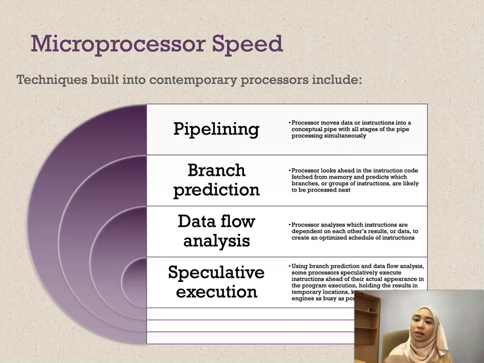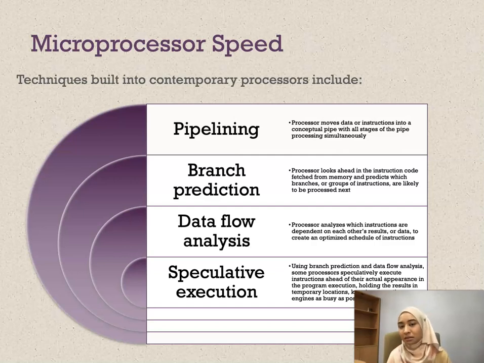So if I were to tell you, to solve this problem at a really fast speed, you need to do these 5 steps. I'm giving it to you. I'm hinting to you how to do it. So this is what the technique does to help the microprocessor achieve its full speed. They are giving the steps. So you have the pipelining, you have the branch prediction, you have the data flow analysis, you have the speculative execution.